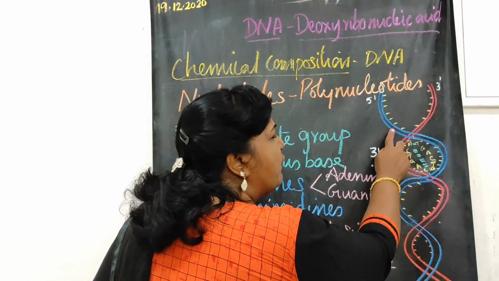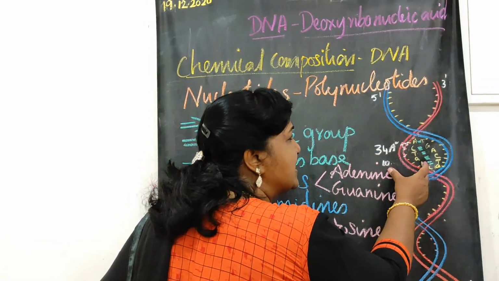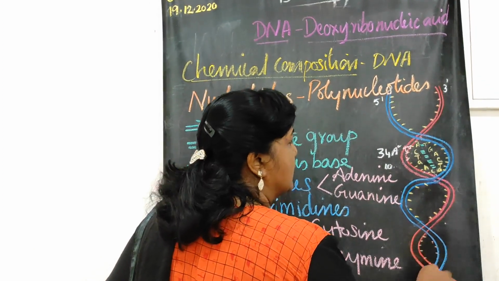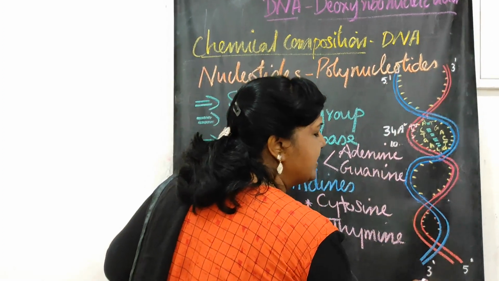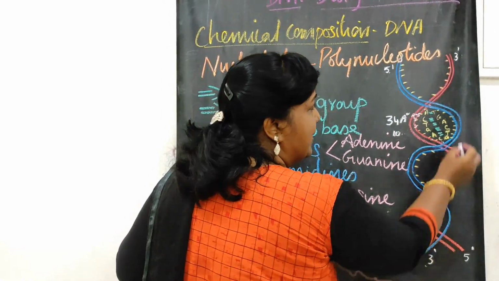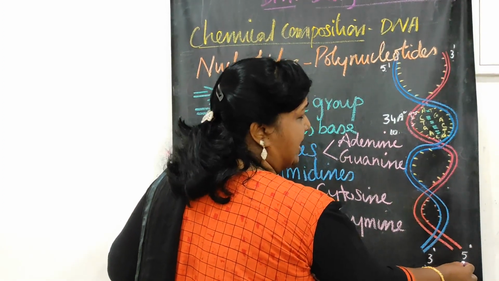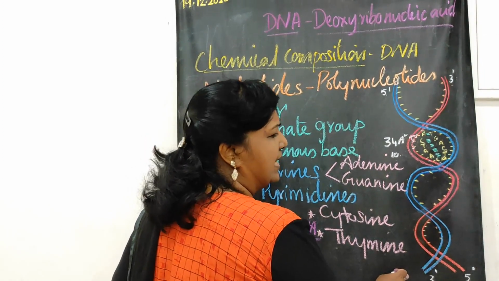These chains form a double helix structure with the two strands which run anti-parallel to each other. See here, this one starts with 5 prime and ends in 3 prime. Similarly here it starts with 3 prime and ends in 5 prime. So they are running anti-parallel to each other.